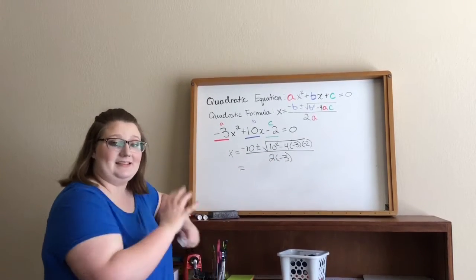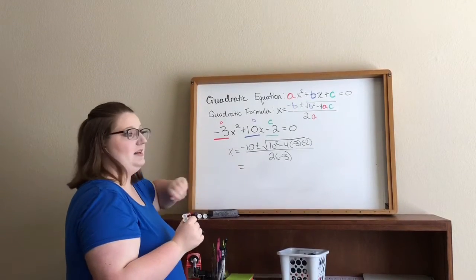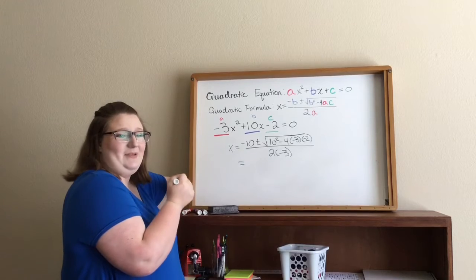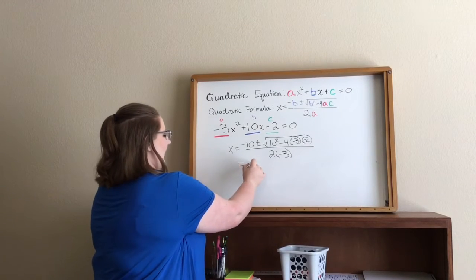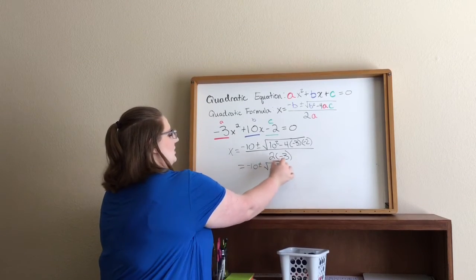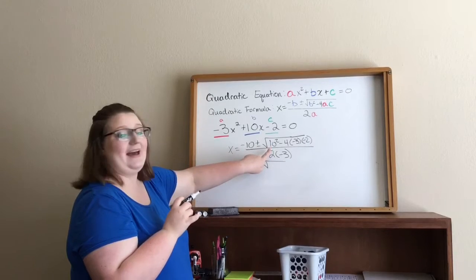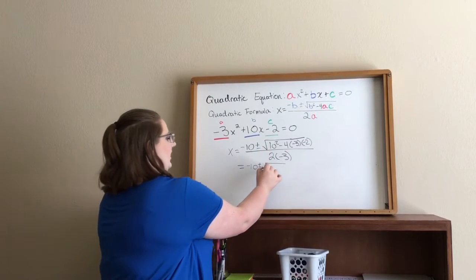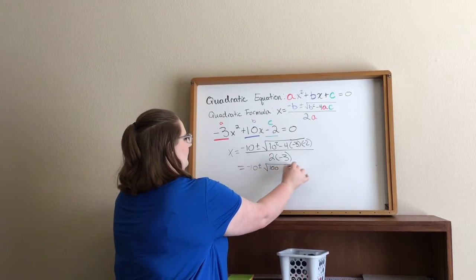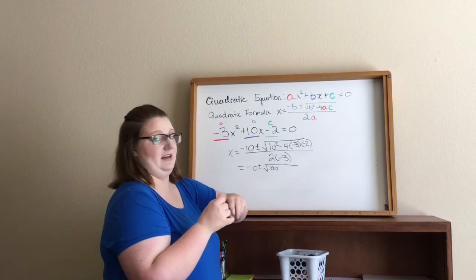And then just like the last example, we're going to go through and simplify this equation. So starting with negative 10, we can't do anything to simplify that, so we'll leave it as is, plus or minus the square root of, and then inside our square root we have 10 squared, which is 100, minus 4 times negative 3 times negative 2.